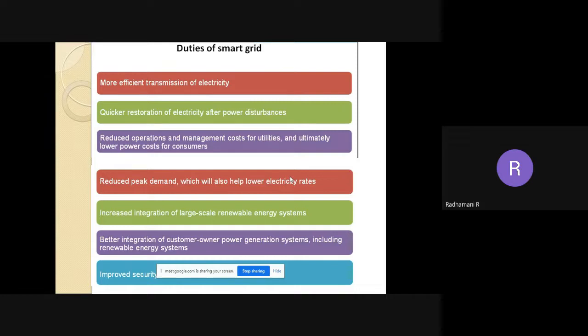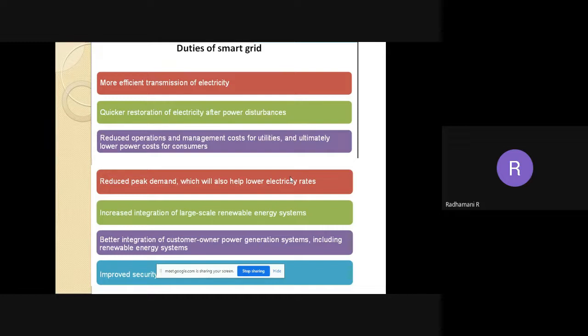And another duty of smart grid is to reduce the peak demand and increase integration of large scale renewable energy systems, and better integration of customer owned power generation systems including renewable energy systems. And the final one is improved security.